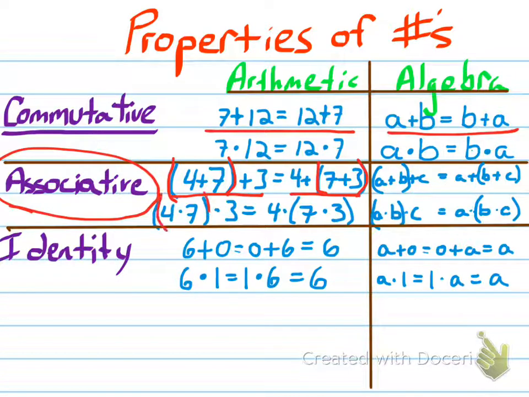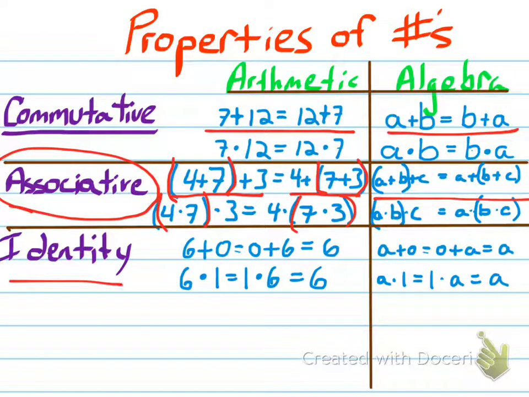Same thing with multiplication. Now if you try to do this with division or subtraction, it's going to mess things up. So you have to make sure that it's addition and multiplication. Now over here is dealing with numbers or letters. So make sure you write this down because we will refer to it in our notes.